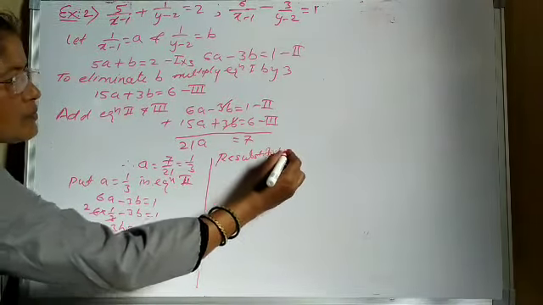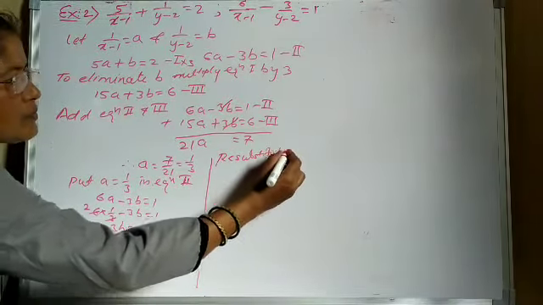Now expand this bracket. 1 is equal to 2 into x, 2x, minus 2 into 2, 4. Now bring this minus 4 to this side. So 1 plus 4 is equal to 2x. 1 plus 4, 5. 5 is equal to 2x. Therefore, the value of x is equal to 5 upon 2.